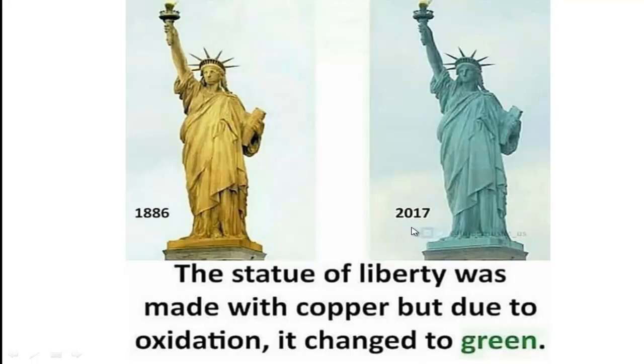But follow here, in 2017, its color turned into this greenish color. Why? Because of the corrosion of copper. Here copper is already corroded, and for this it changed to green in color. So decaying of metal is a daily occurring reaction of our life.